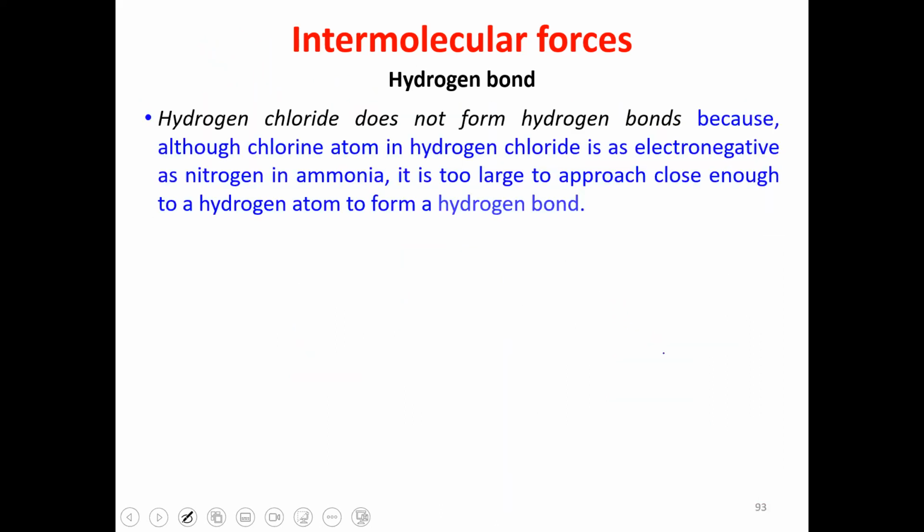Hydrogen chloride does not form hydrogen bond. Why? Because even though hydrogen chloride is a polar molecule, if I write HCl in front of you like this, can you tell me why hydrogen bond is not possible here?